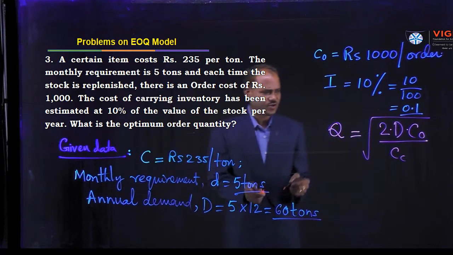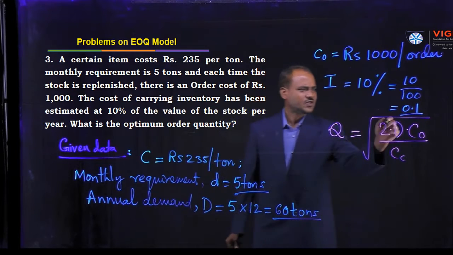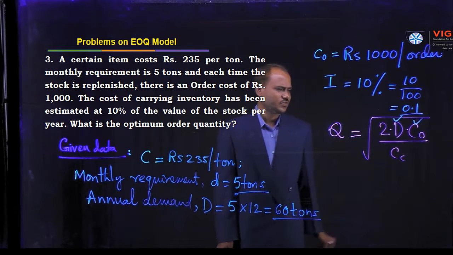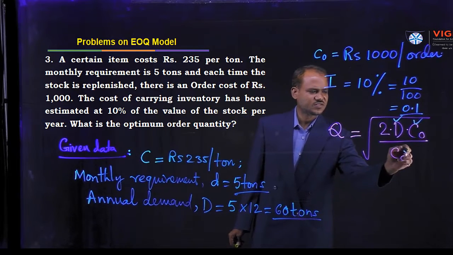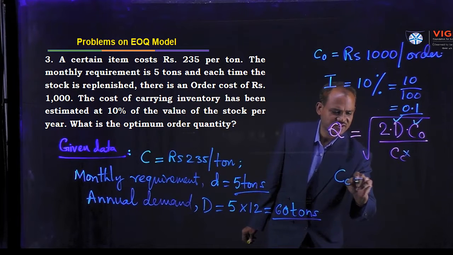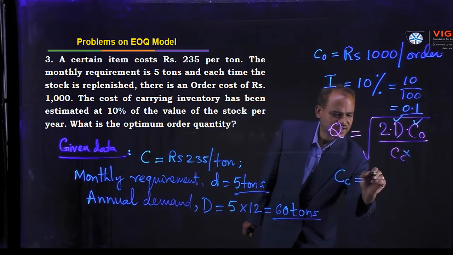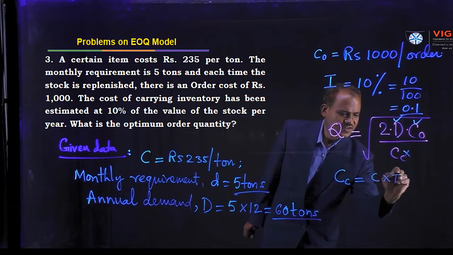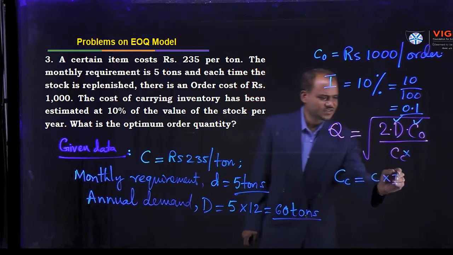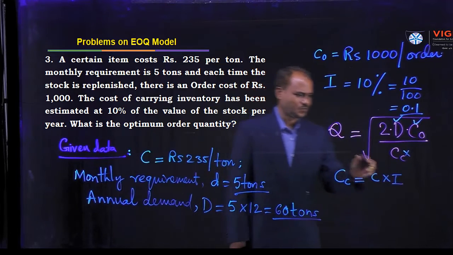In this equation, we know the D value, we know the C0 value, we don't know the CC value. How to calculate CC? CC means carrying cost per unit per year. Blindly you can remember one formula, that is C into I, where I is carrying cost represented in percentage.